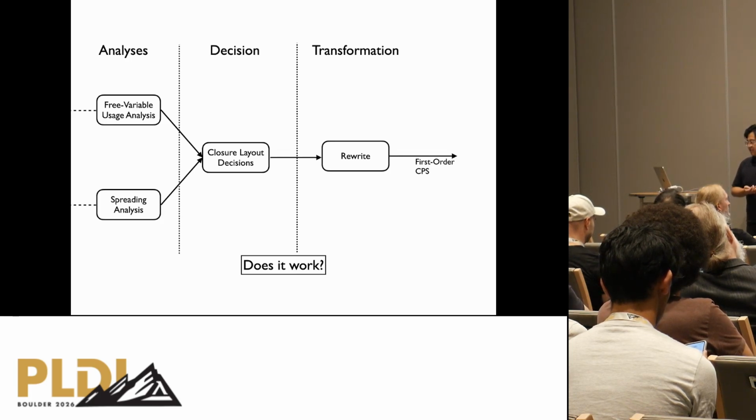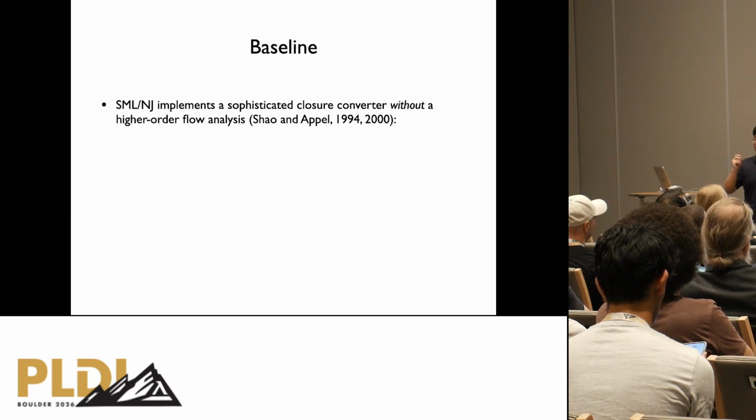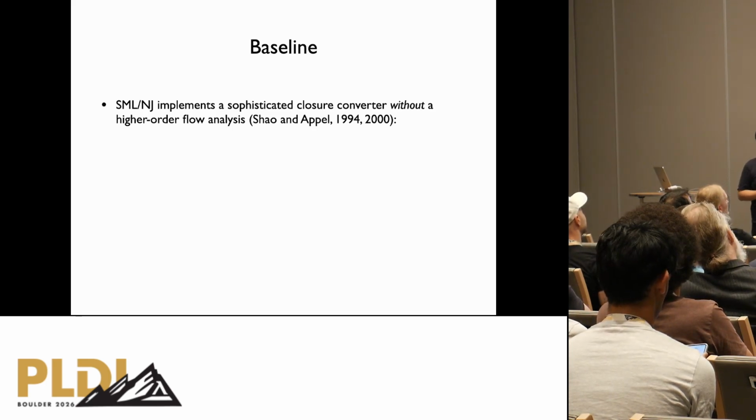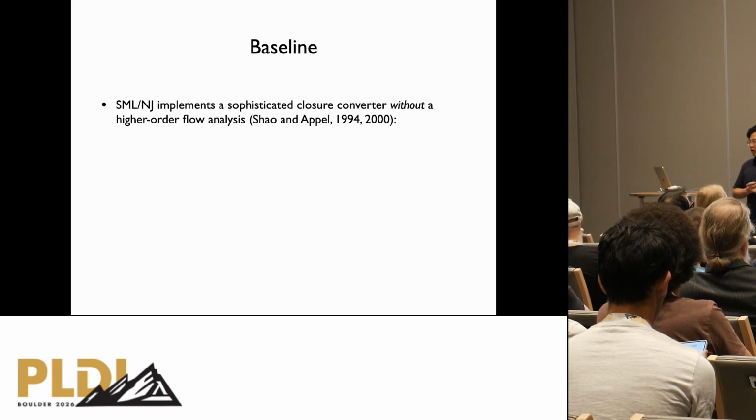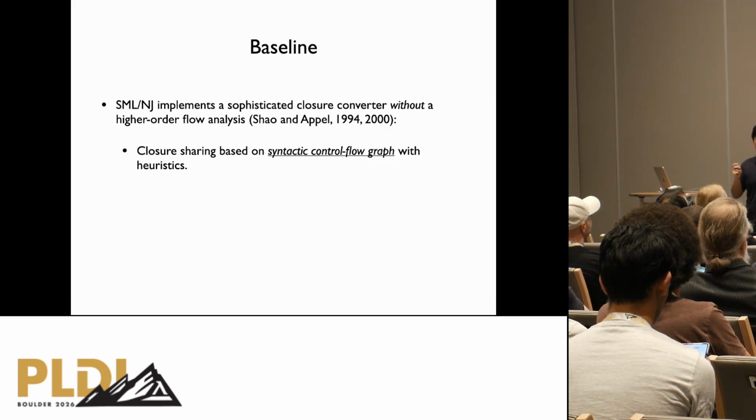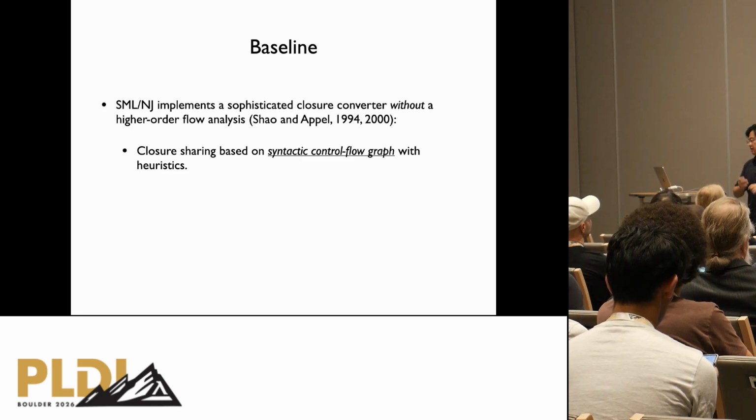Before we talk about that, we need to talk about the baseline of comparison. The baseline is that SML of New Jersey actually implements a very sophisticated closure conversion already, without using a higher-order flow analysis. That is the work done by Shao and Appel in the late 90s. It performs closure sharing already, but they base it on an imprecise syntactic control flow graph with a bunch of really fancy heuristics.